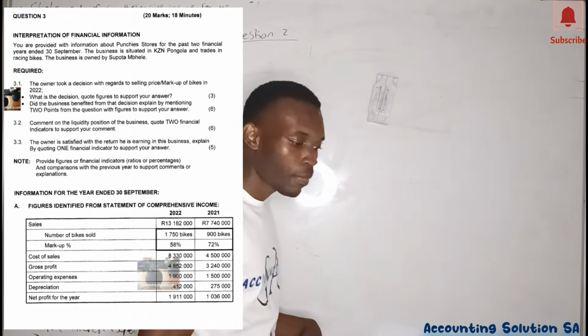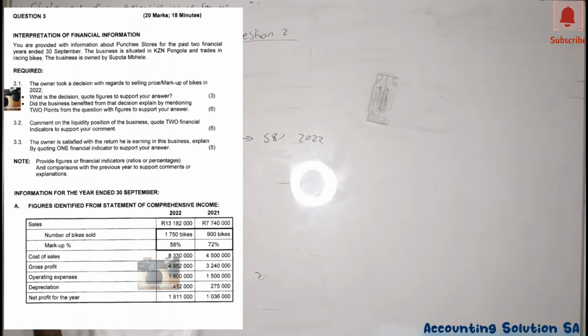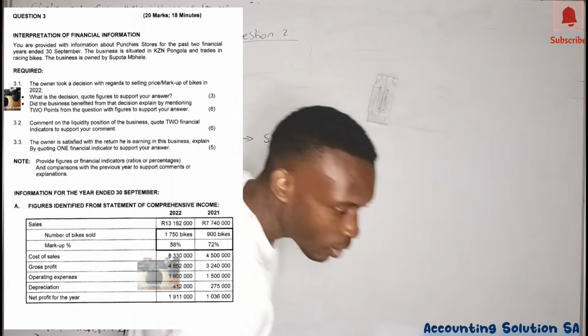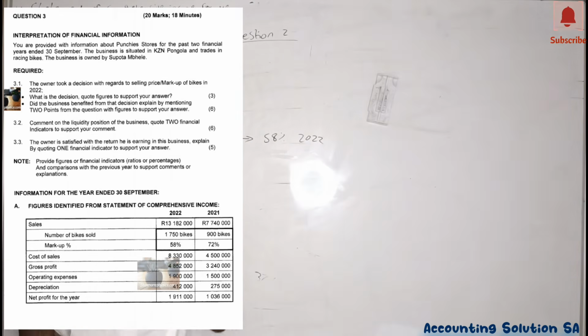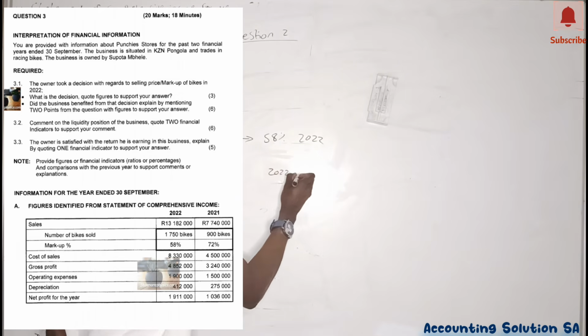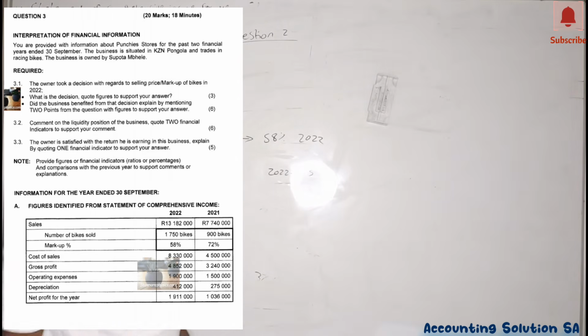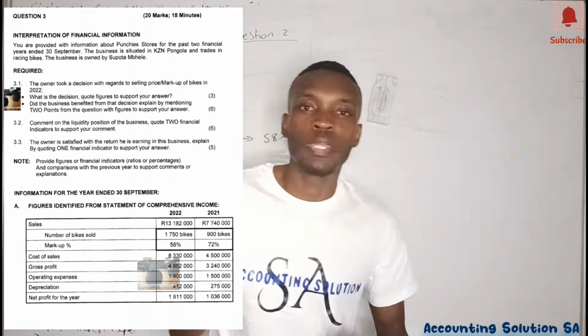Let's first check the sales amount. It was 7 million in 2021. Then in 2022, it increased to 30 million. This simply means that they benefited because their sales increased.